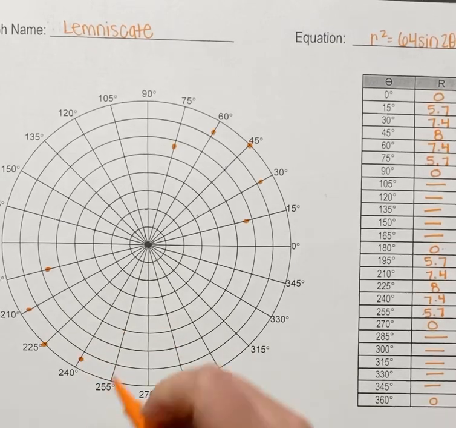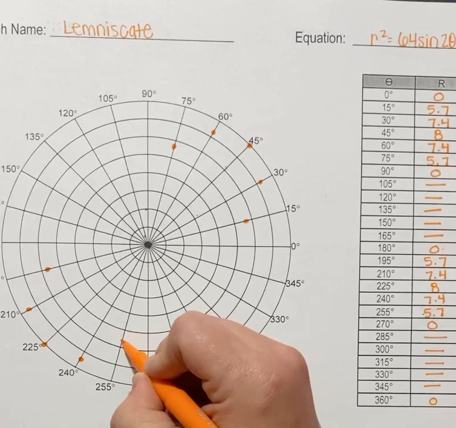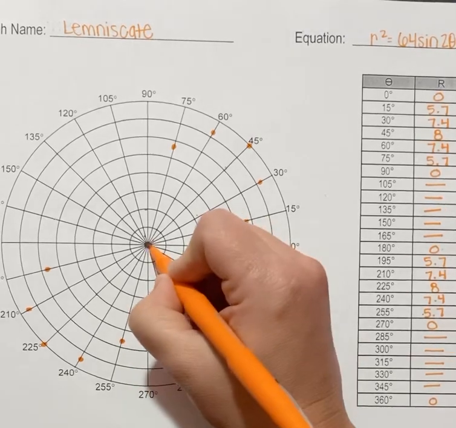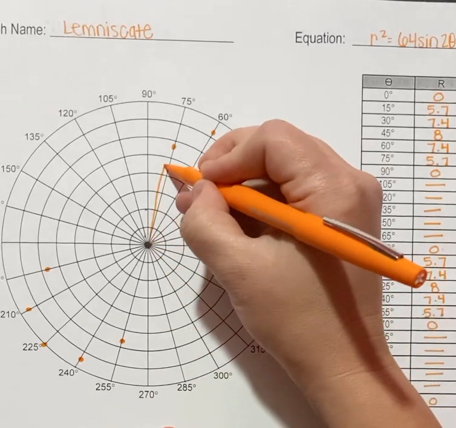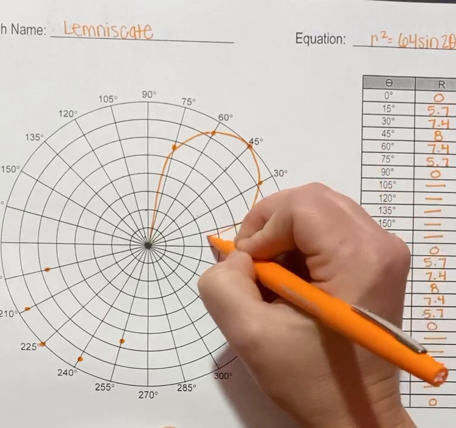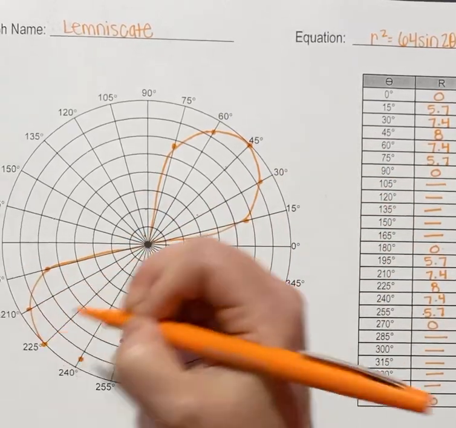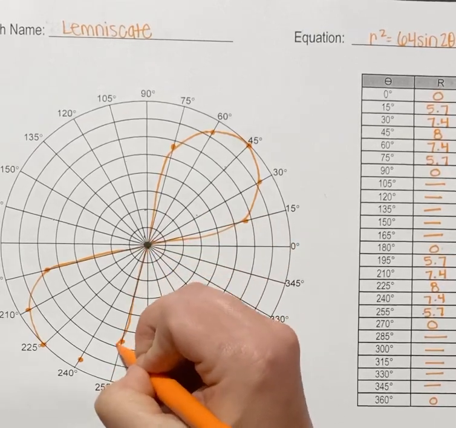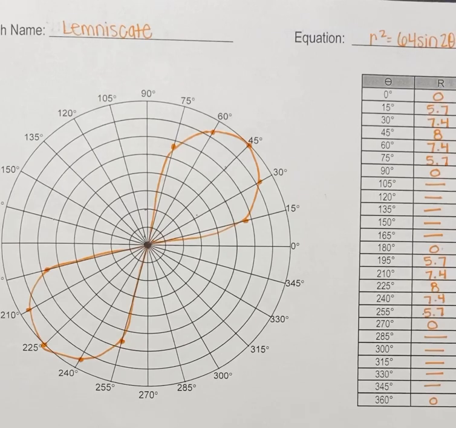And at 255, we're back to that 5.7. And then 270, we're back to 0. Now, if we connect these dots starting at 0, it's really going to look like a rose with 2 petals. But here we have the infinity sign. Same thing as a figure 8.